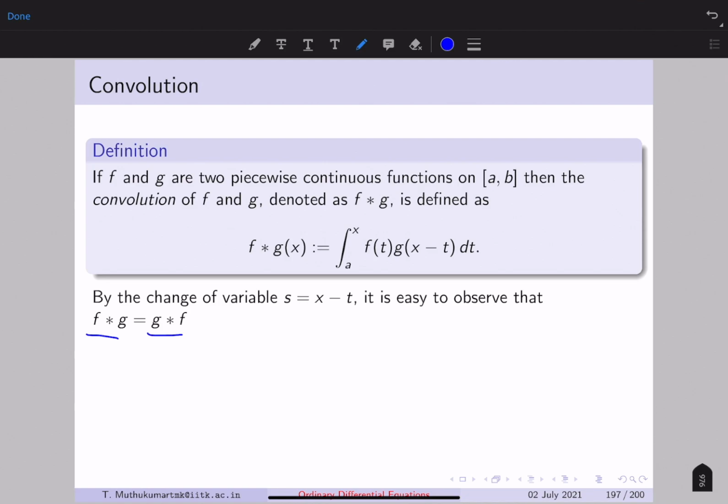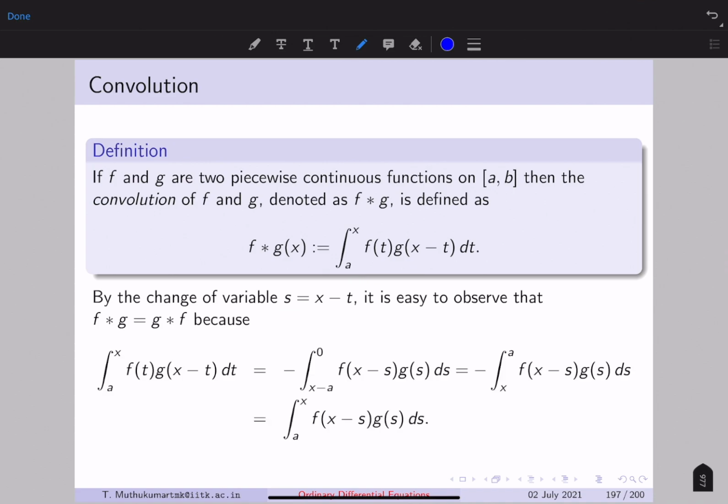How do you observe this? Just by a simple change of variable. Let's prove it. Let's start with f star g, which is by definition this. Introduce the variable s equal to x minus t. So this becomes s, and t becomes x minus s.